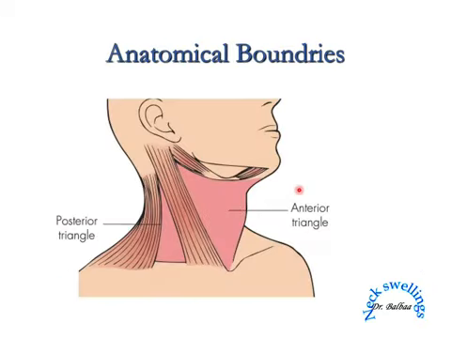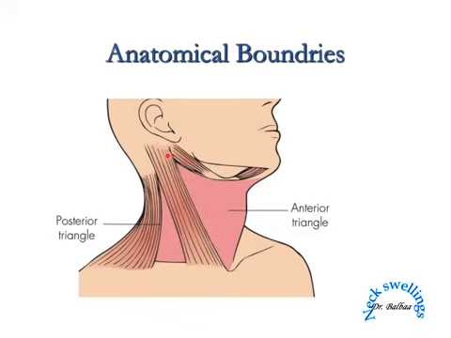Before we go into the details of these swellings one by one, we should know first, as we are talking about the neck, what the anatomical boundaries of the neck are. We have two important muscles in the neck, the sternomastoid muscle and the trapezius muscle. These muscles divide the neck into two triangles.